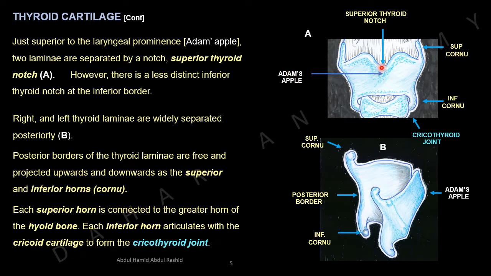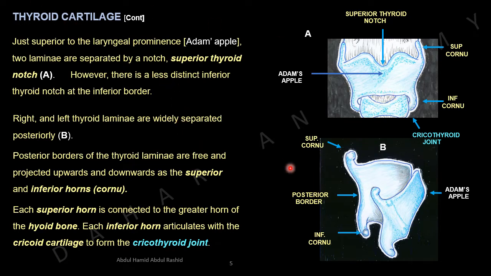Above the Adam's apple is the superior border of the thyroid cartilage. There is a notch here separating the right lamina and left lamina. This notch is called the superior thyroid notch, just above the Adam's apple. There is no such notch in the inferior border of the thyroid cartilage.